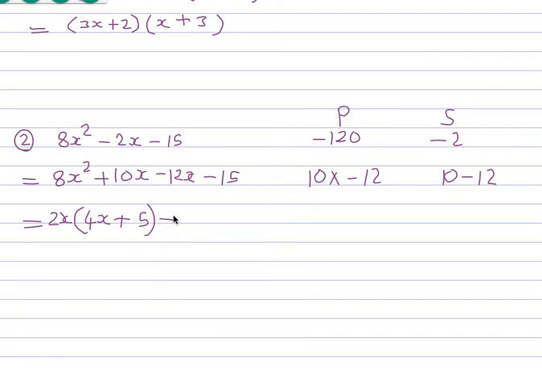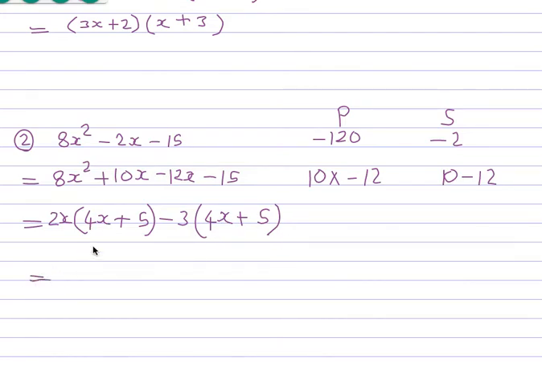Whenever we take common negative, all signs will change in the bracket portion. And we can take common here because here 12 and 15, so we can take common 3. -3 is the common. Okay, 3 times 4, 12. This was negative, it will be positive. This is negative, it will be positive. All signs change in the bracket. 3 times 5, 15. Make sure your bracket portion is the same.